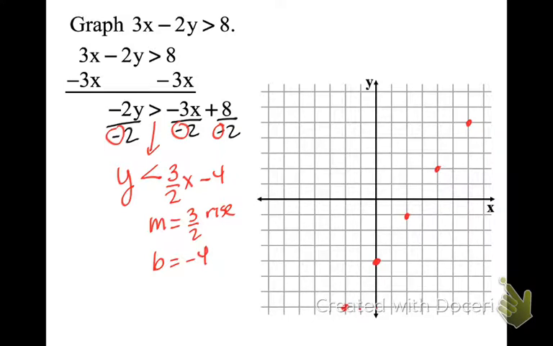Is this a solid or a dashed line? Dashed. It's going to be dashed. Am I shading up or down? We're looking at this right here. And it's dashed. There we go.